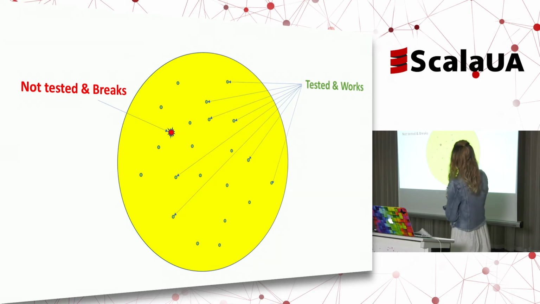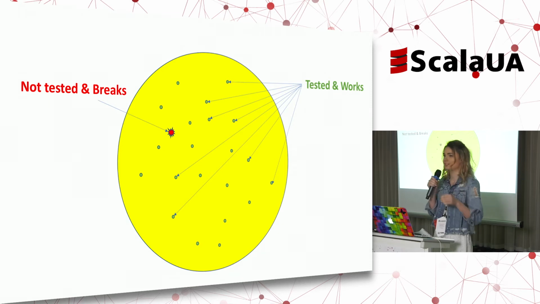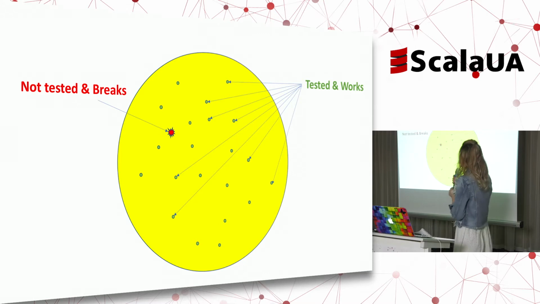But let's say if our code can pass 100 randomly generated test cases, then we can still get a pretty good level of confidence that our code works.